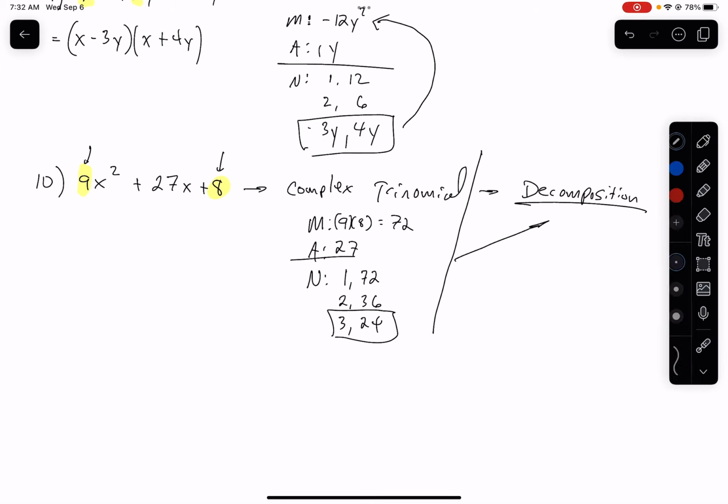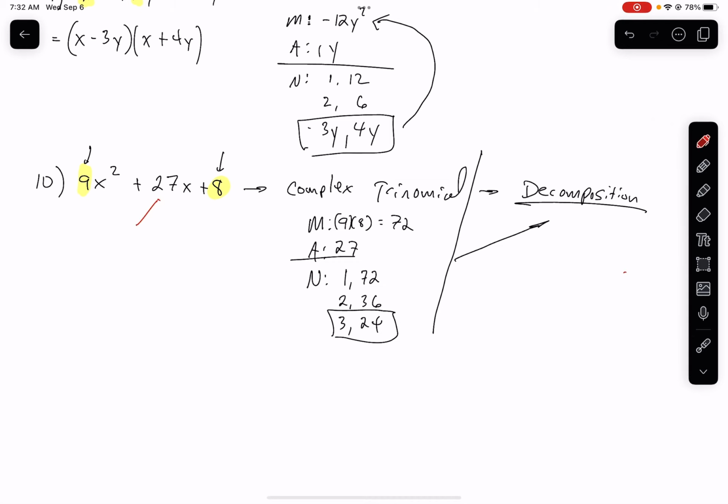So as I said before at the beginning of this question, decomposition, okay, we are breaking down something. What we're breaking down is this middle term into 3x plus 24x, right? 3 plus 24 is 27. 3x plus 24x is 27x.